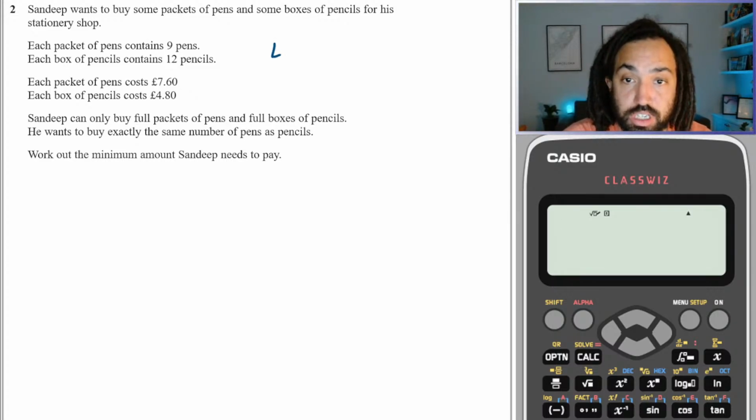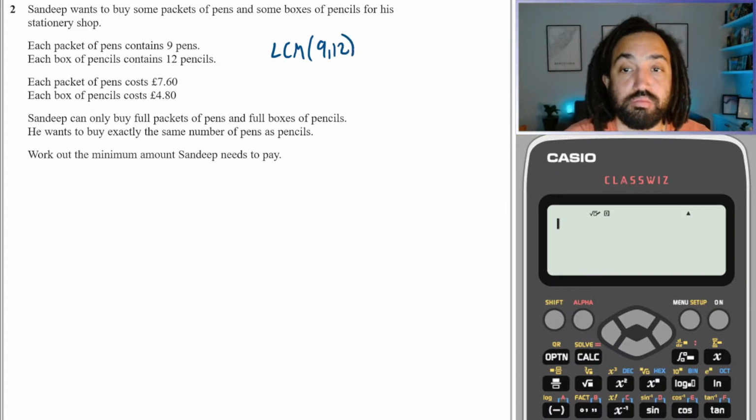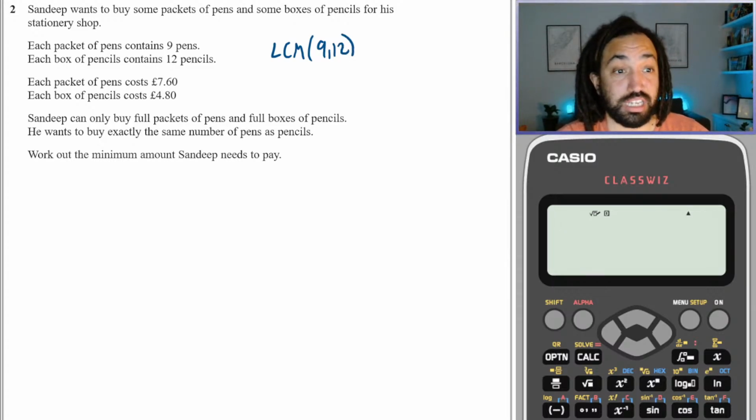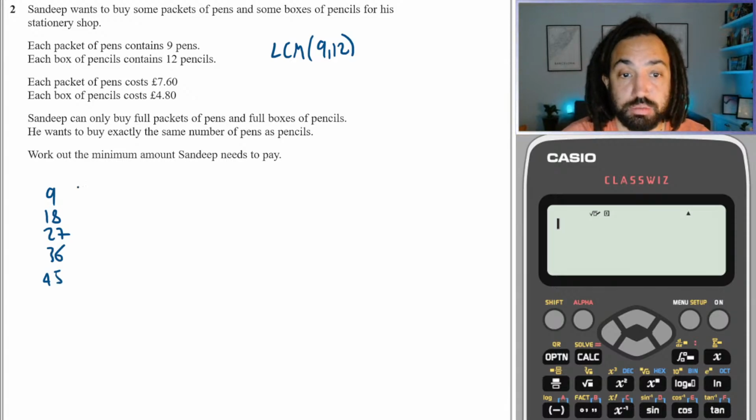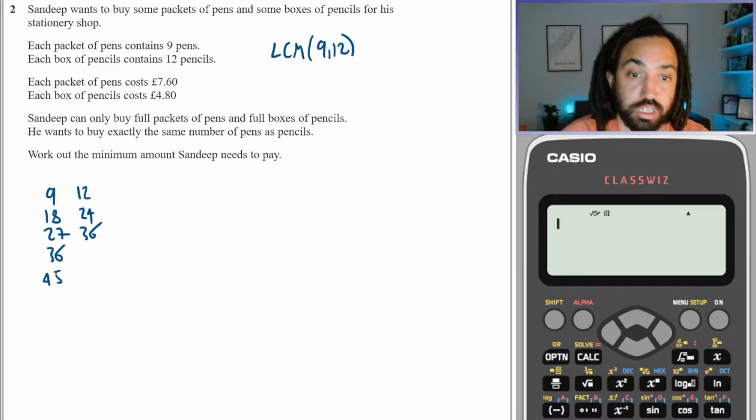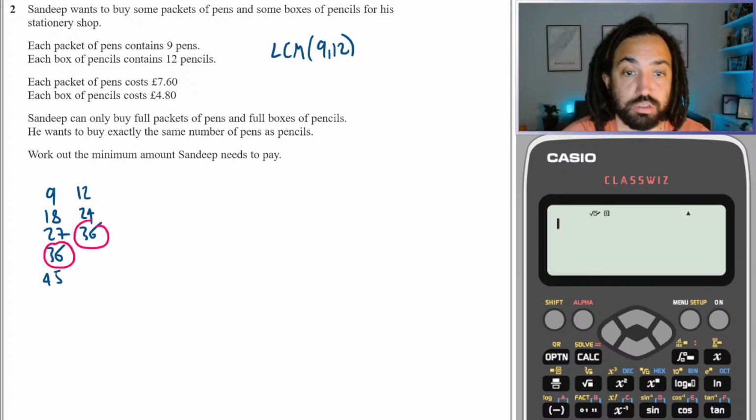Okay, well we're looking for the lowest common multiple of 9 and 12. And the easiest way to do that is just go through the multiples really. So the multiples of 9 look like that, and the multiples of 12 look like this, and then bingo, you've got yourself the lowest common multiple there.